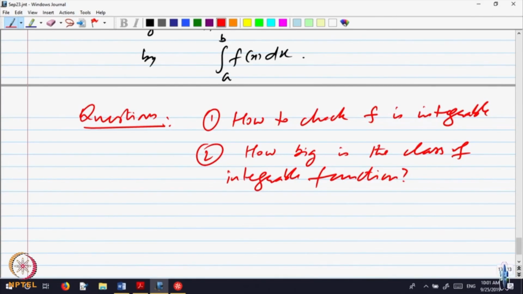So given a function, how do I check it is integrable? The definition says you should look at the partitions, look at the lower sums, look at the upper sums, and see whether they come closer and closer as you refine the partitions and so on. Is that the only way, or can we have some other way of testing whether some function is integrable or not? And secondly, how big is this class of integrable functions?